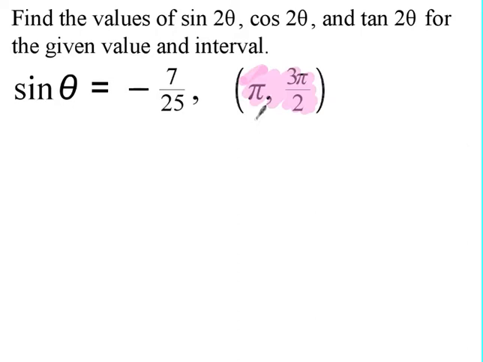So this is going to be in the 3rd quadrant. Oops, that's supposed to be an A there. Okay, so I'm going to go ahead and draw a triangle in the 3rd quadrant, because that's what it tells me it is.